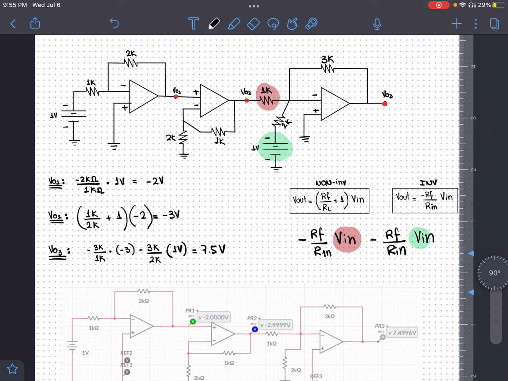And why do these change? These change because in this voltage input, this is the Rn, and in this voltage input, this is the Rn. Hope that helps.